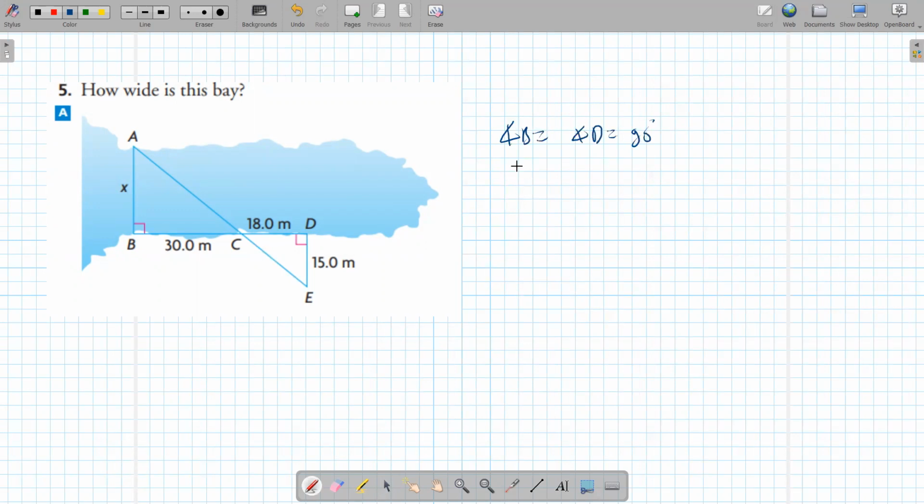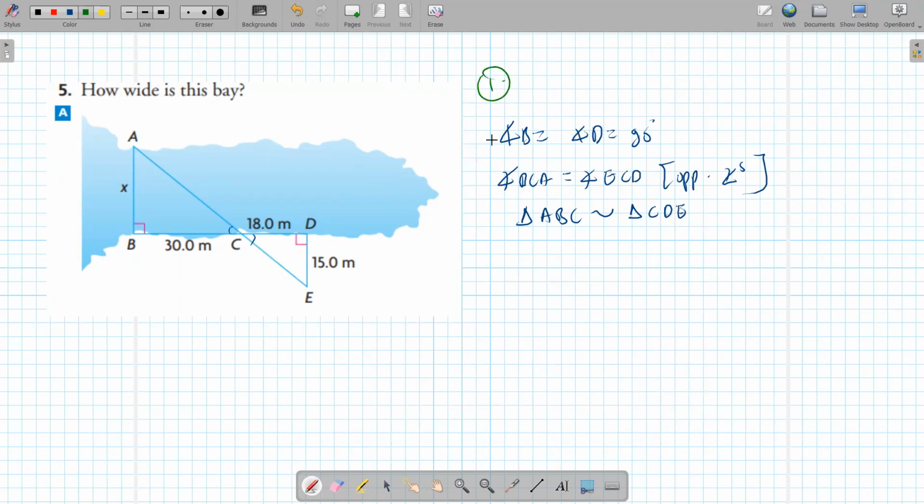And we know that angle BCA from the left triangle is equal to angle ECD from the right, because they are opposite angles. Opposite angles are equal. So therefore, triangle ABC is similar, look at that symbol, similar to triangle CDE.